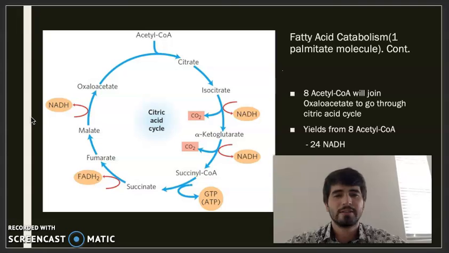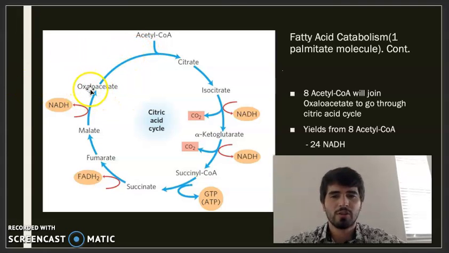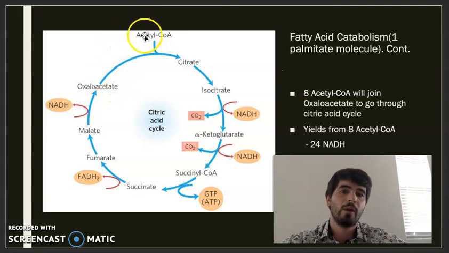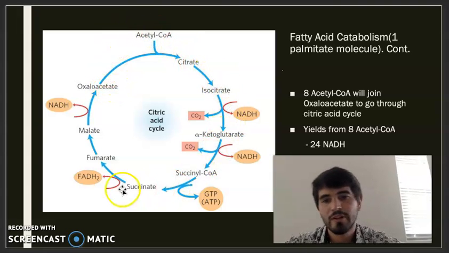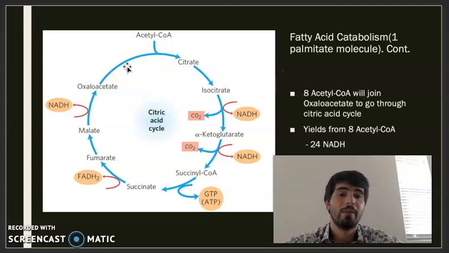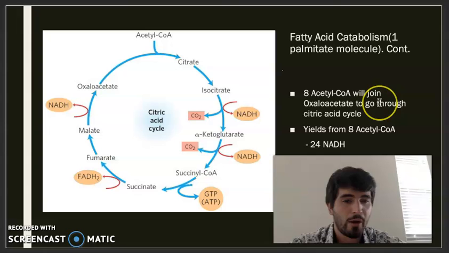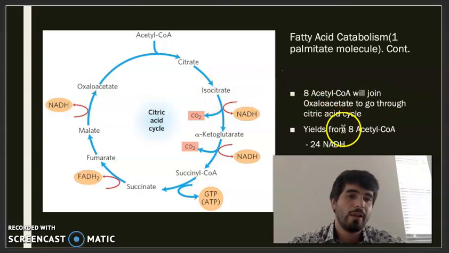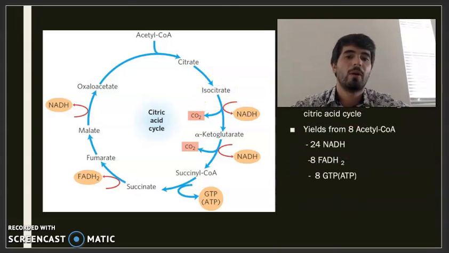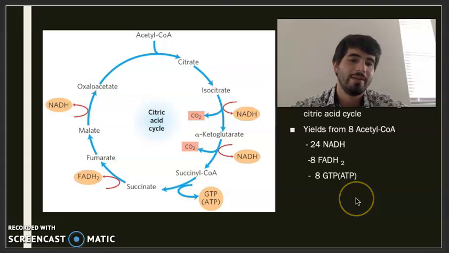In the citric acid cycle, as you could remember, oxaloacetate will combine with acetyl-CoA to go through the cycle once again, but this time with a much larger molecule. It will go 8 times around, and then we will be producing about 24 NADHs, 8 FADH2s, and 8 GTP slash ATPs.